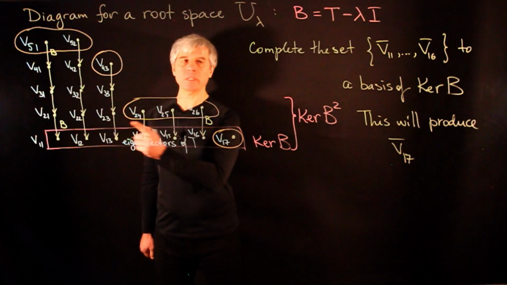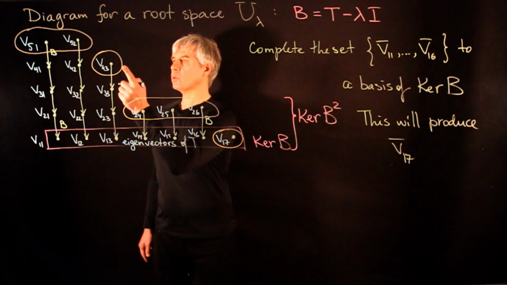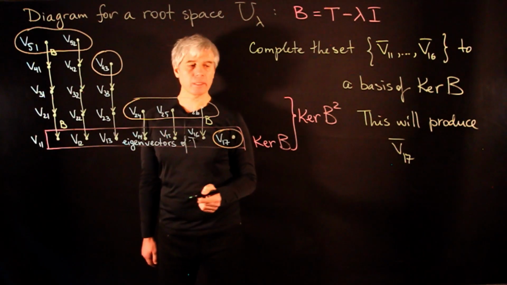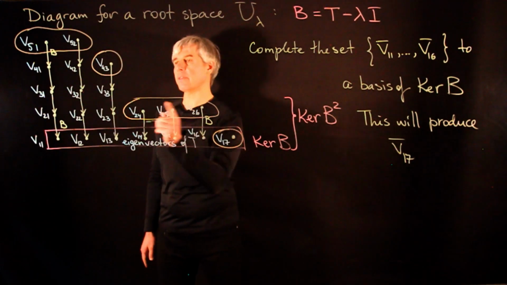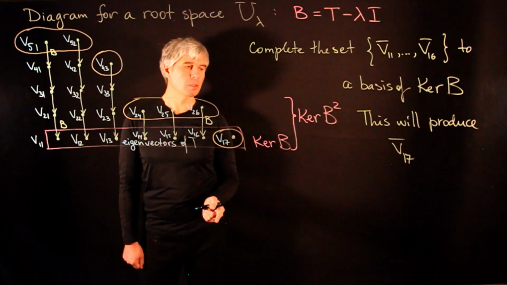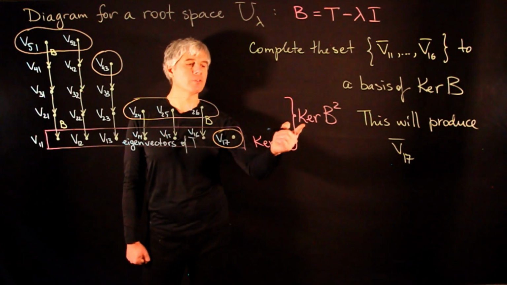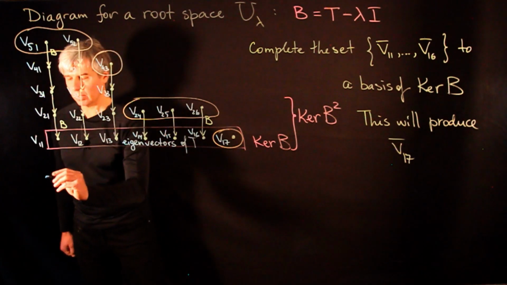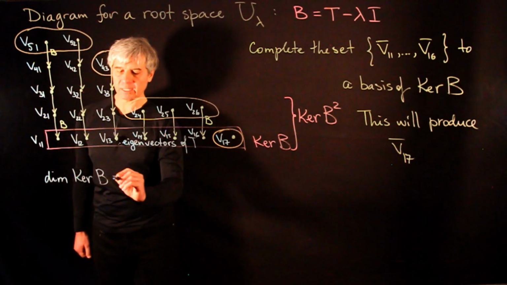We see that in order to carry out these computations, we will need to know this diagram, which will guide us through the process. If we just know the matrix of B, how do we uncover the structure of the diagram? What we have done is we have computed the dimensions of the kernels of B, B squared, and so on. Well, for this example, we know that the dimension of the kernel of B is 7.